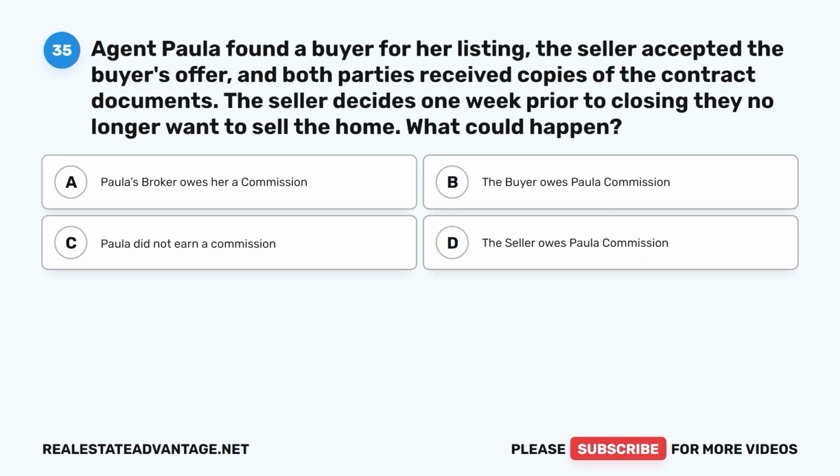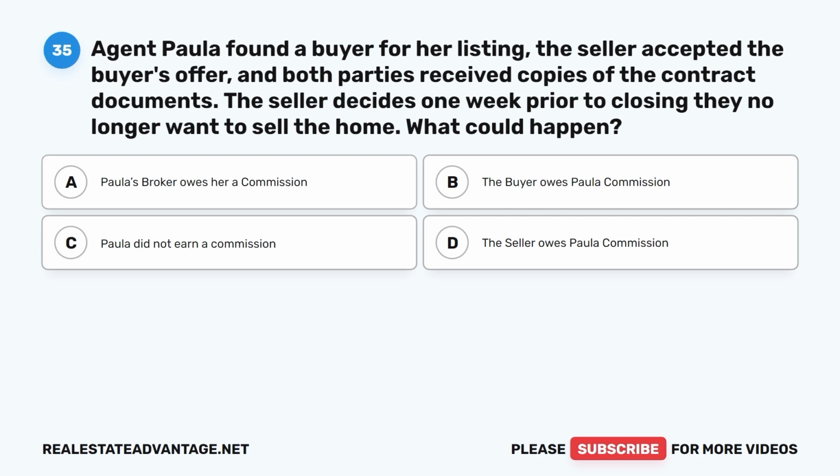Question 35. Agent Paula found a buyer for her listing. The seller accepted the buyer's offer and both parties received copies of the contract documents. The seller decides 1 week prior to closing they no longer want to sell the home. What could happen? A. Paula's broker owes her a commission. B. The buyer owes Paula commission. C. Paula did not earn a commission.